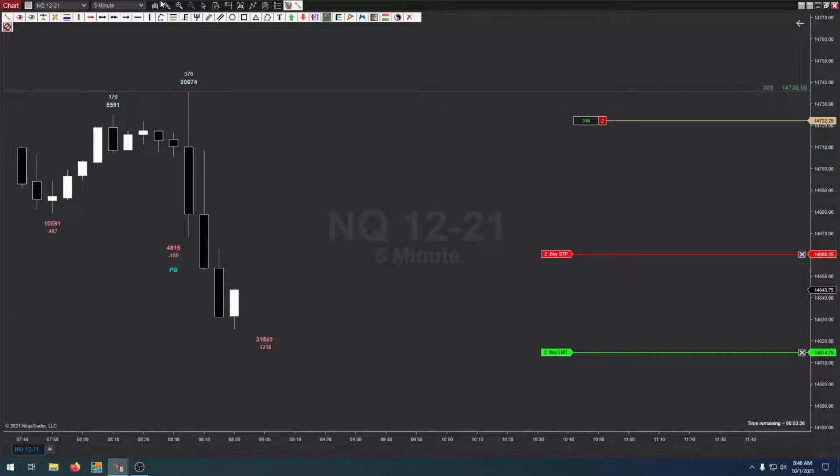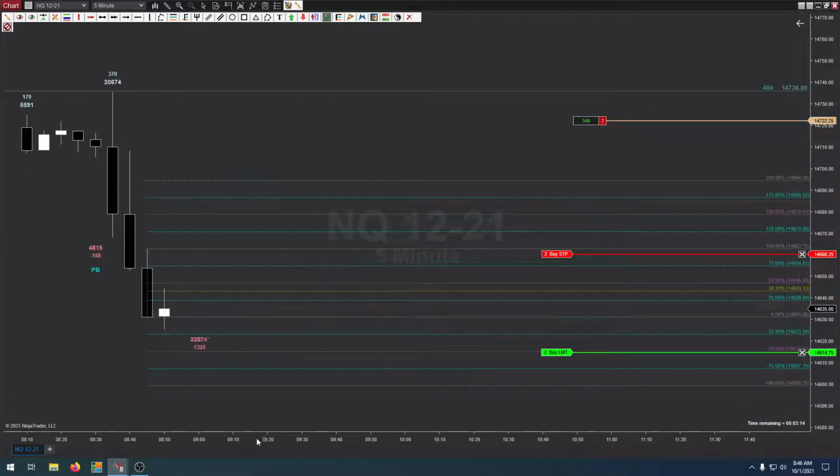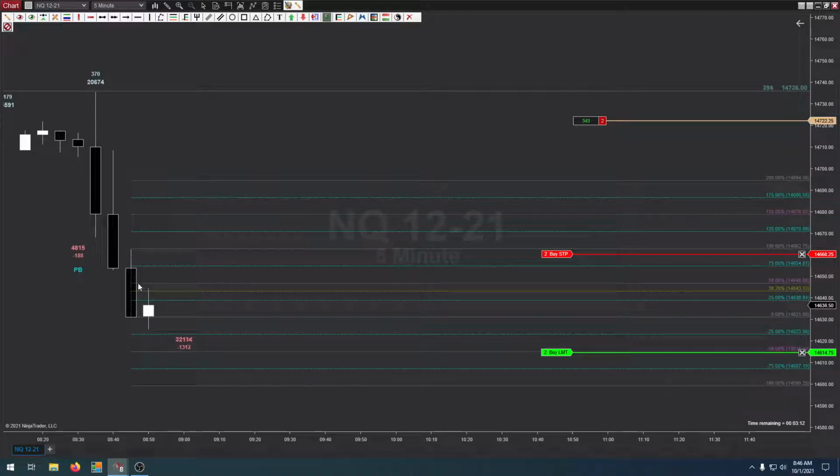Let's see what happens there. I just drew this on this candle here, the prior candle, because that's the midpoint. That's the lower quarter.